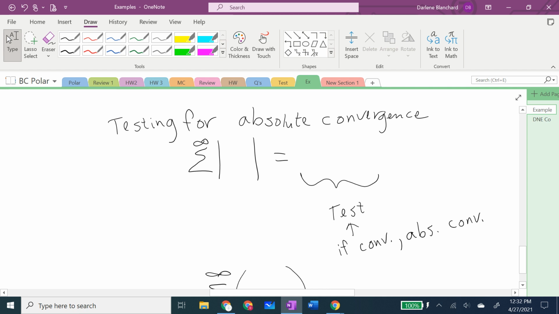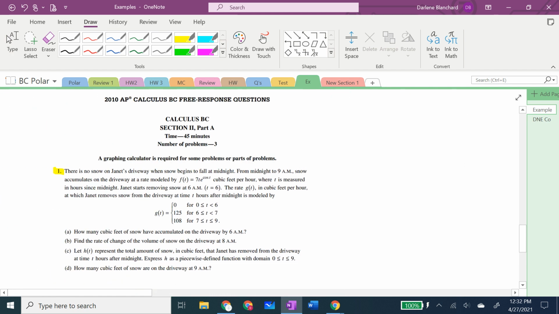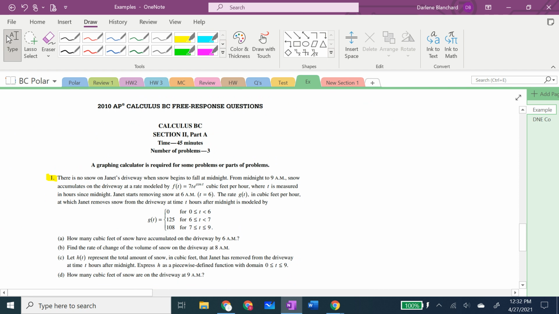Now, going back over, I recommend that you take a look at the 2010 problem number 1, you're allowed a graphing calculator. Just to let you know, this is the last year where they had the first 3 problems with a calculator.